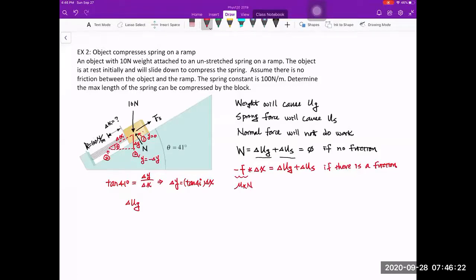If we make this one position 1, that x equal to 0, then this x at position 2 will be negative change of x.